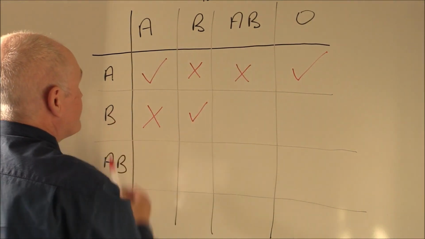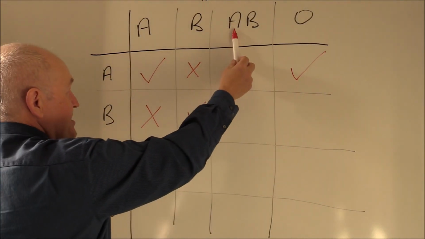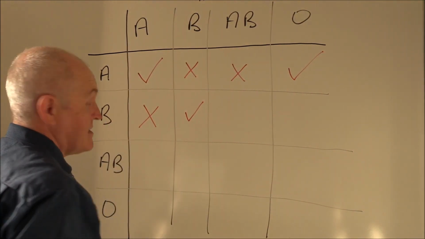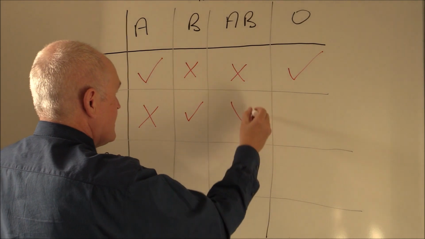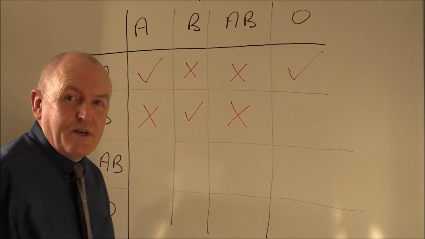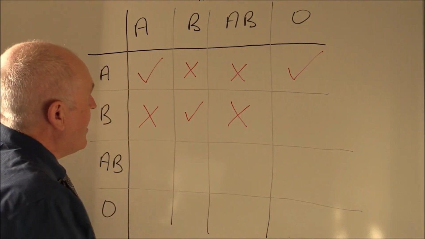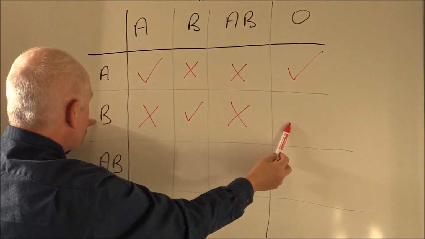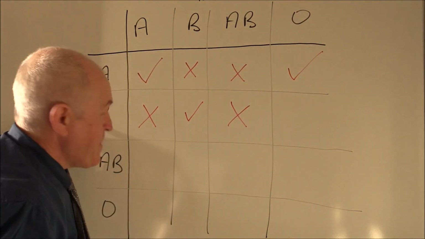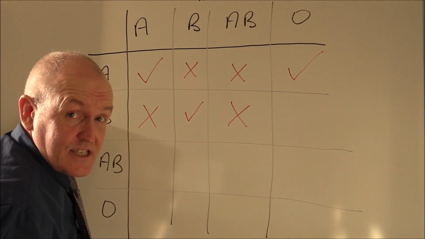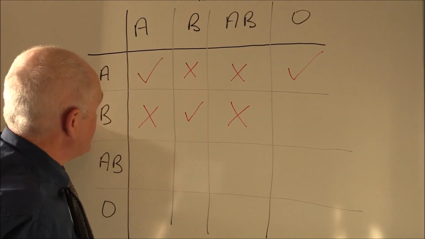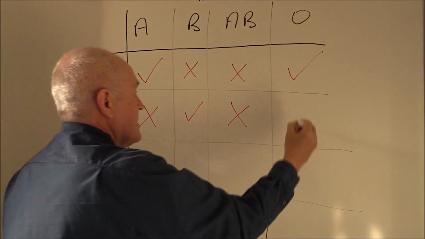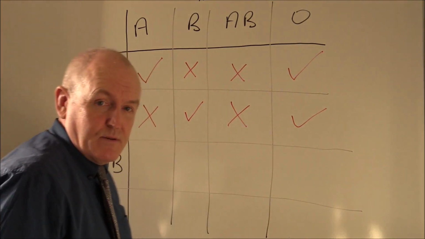AB to B, well, the A antigen will be agglutinated by the A antibodies in the recipient's plasma, so that one's no good either. O contains no antigens, so even although the recipient's group B blood contains A antibodies, or anti-A antibodies in the plasma, in theory there is nothing to react with, so that would be acceptable.